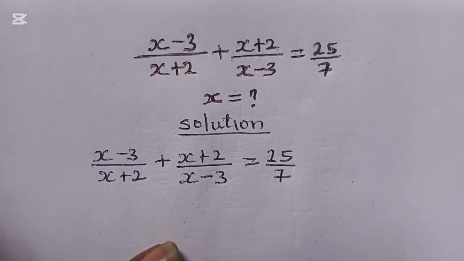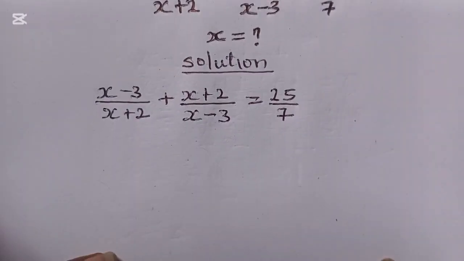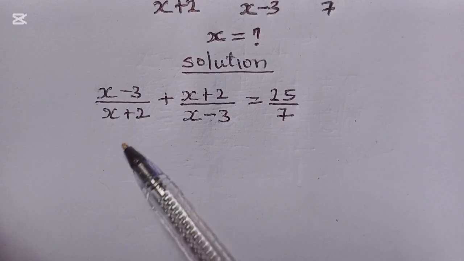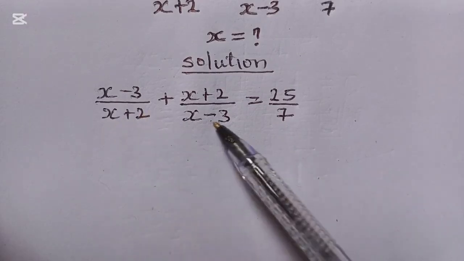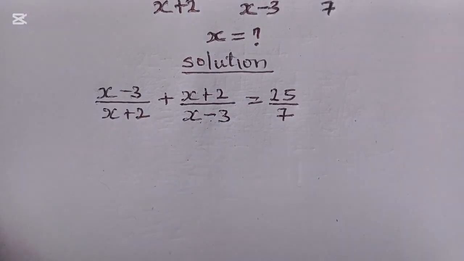divided by 7. So what we easily do here is to multiply both sides, or multiply through, by (x plus 2) and (x minus 3).